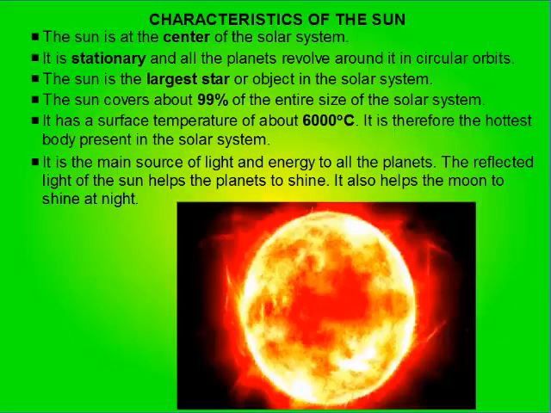It also helps the Moon to shine at night. An image of the Sun has been produced here, and as I said, it is the hottest body present in the solar system. Very, very hot, with a temperature of about 6,000 degrees Celsius. That is incredible.